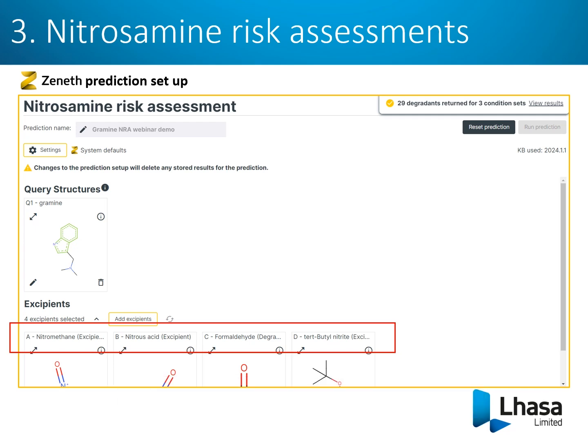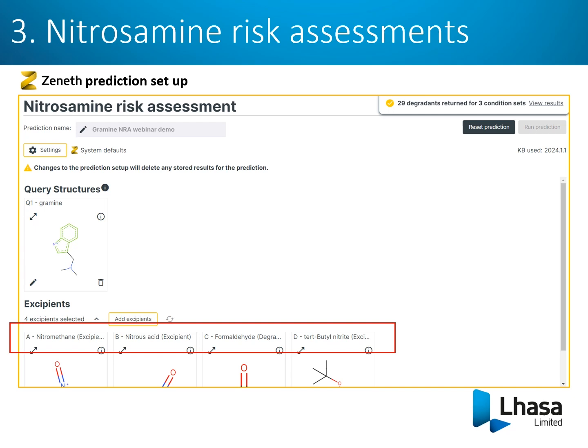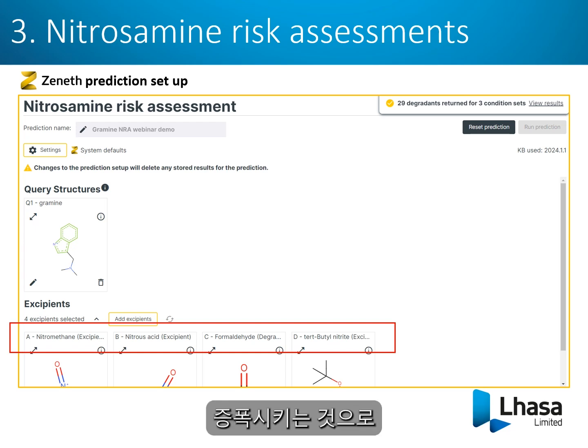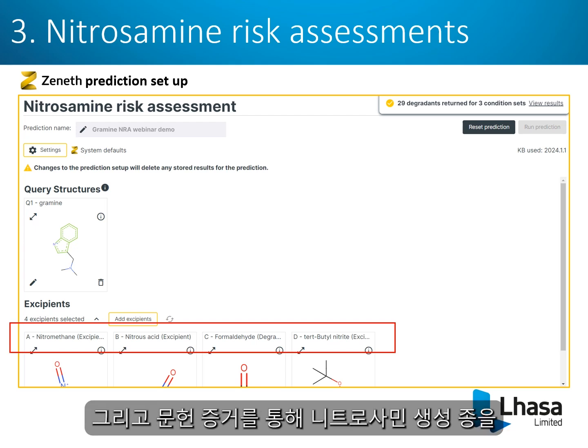This is a pre-populated prediction set up containing conditions known to elicit or to propagate nitrosation reactions, such as acid or temperature, as well as excipient impurities which we have found from literature evidence that can lead to nitrosamine forming species.